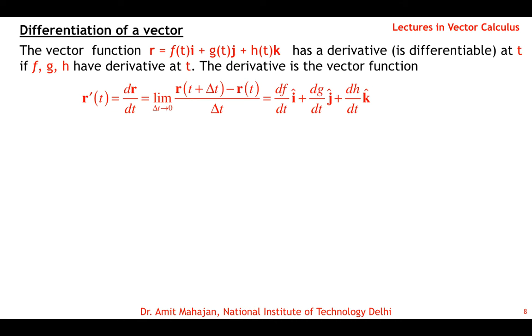Let there be a vector function r which is equal to f i cap plus g j cap plus h k cap, where f, g, and h are differentiable functions of t, and so the derivative of the vector function is given by r dash t or dr by dt, which is limit delta t tends to 0 of r at t plus delta t minus r t over delta t.